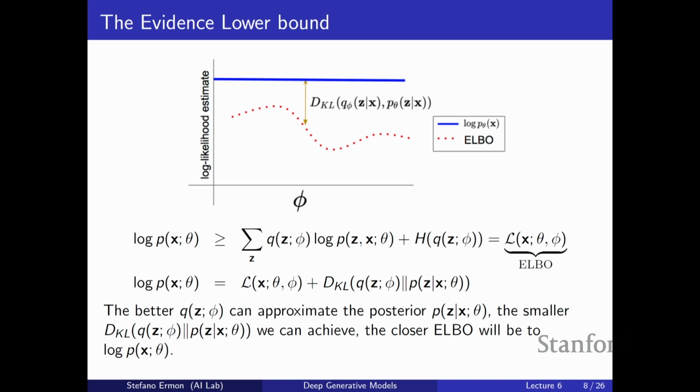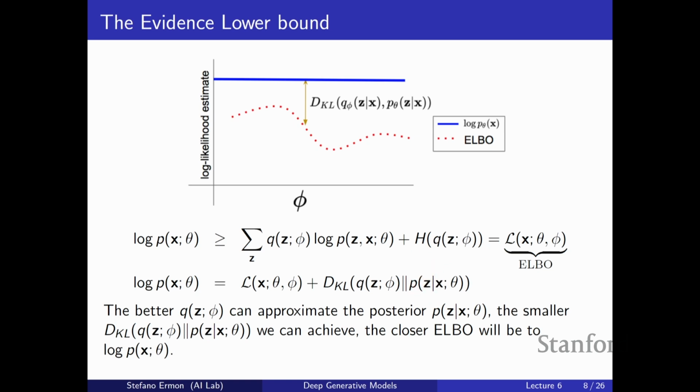By jointly optimizing over one and the other, you are effectively trying to get as close as you can to that point, but it's not guaranteed to be exactly equal. These two things are related to each other, but the final value of phi that you obtain is not necessarily the one that matches the true conditional distribution.